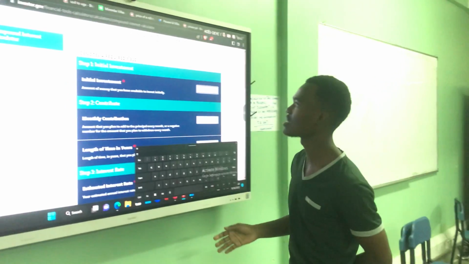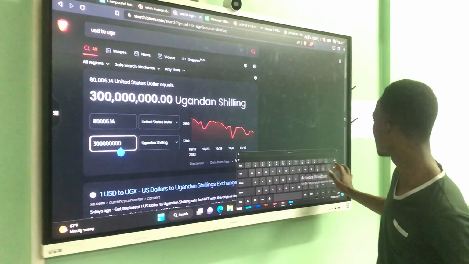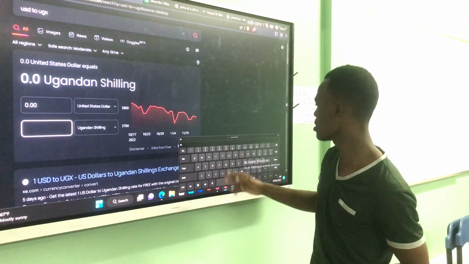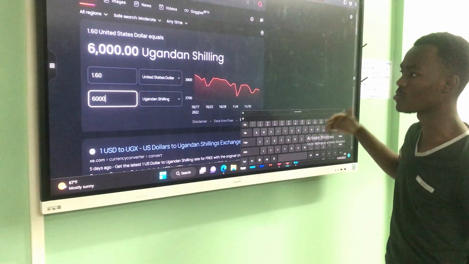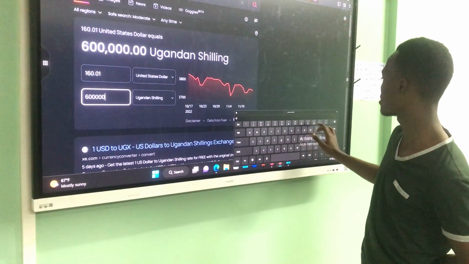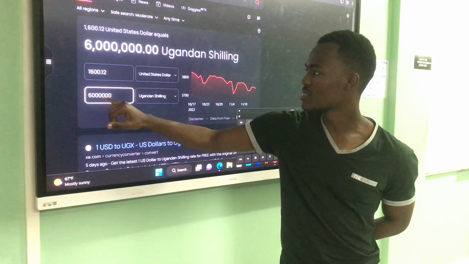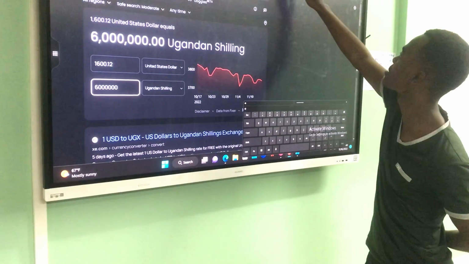Let us say this person decides to save maybe 5 million. Every month he's saving 5 or 6 million Uganda shillings because of his financial goals, meaning $1,600, okay?